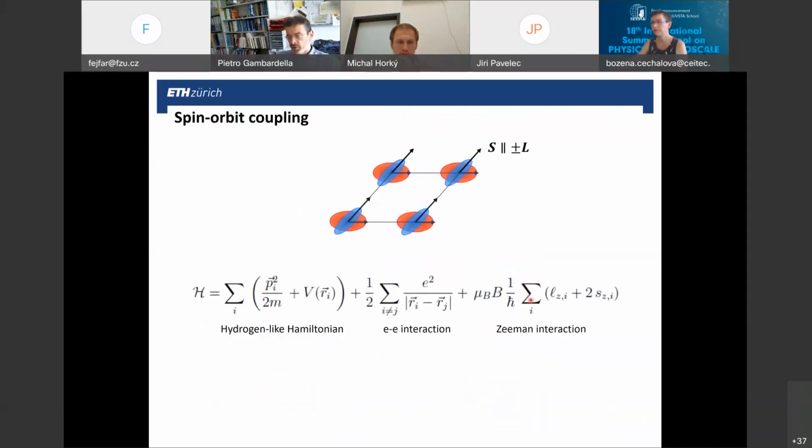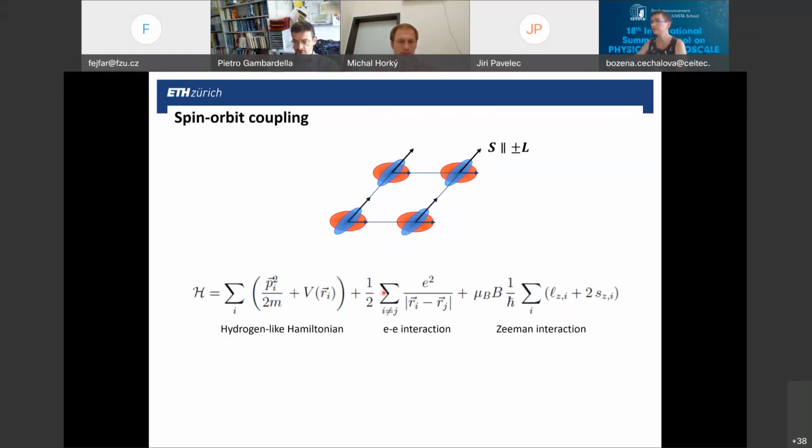Now, what is important also is spin-orbit coupling, because what we have seen so far are spin and orbital magnetic moments that essentially emerge from this term in the Hamiltonian of electrons that orbit around an atom, right?